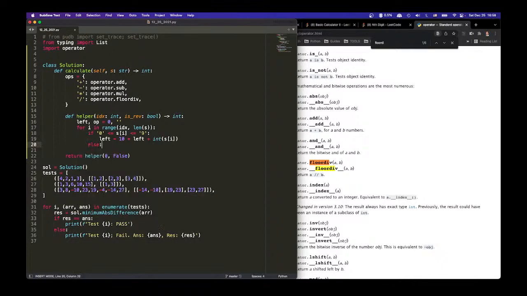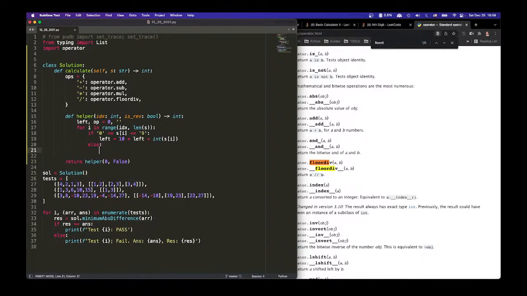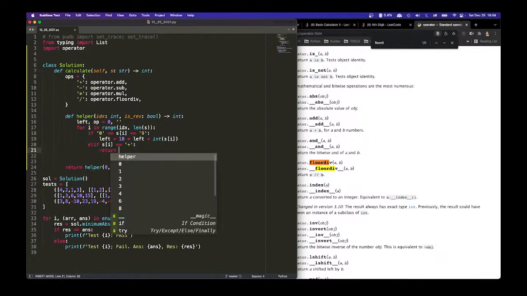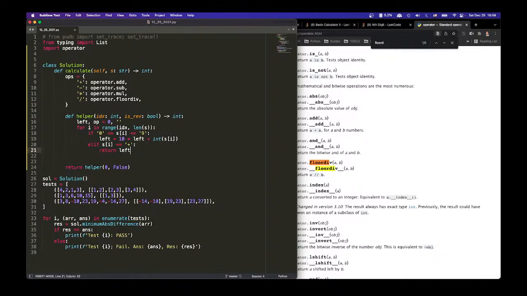Else, this is when we hit an operator, right? So when we hit an operator, then we're going to check if s[i] is a plus sign, right? If s[i] is a plus sign, then we're going to return left plus, I don't even need this.